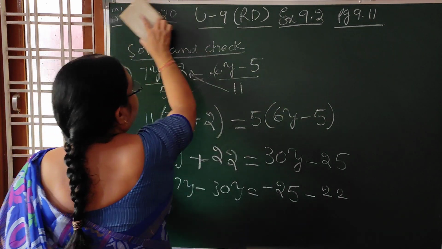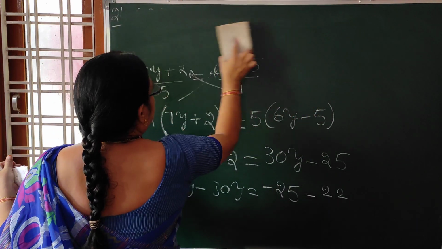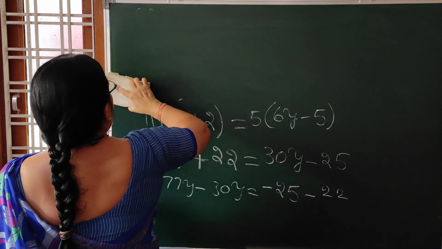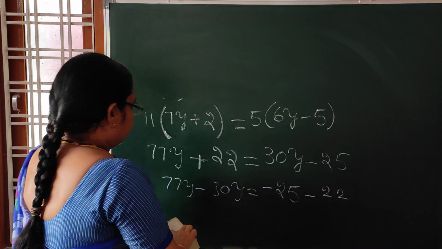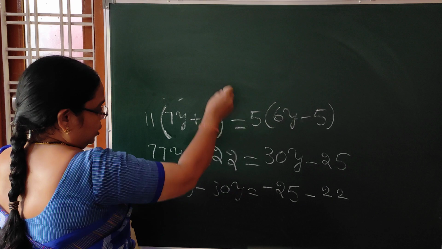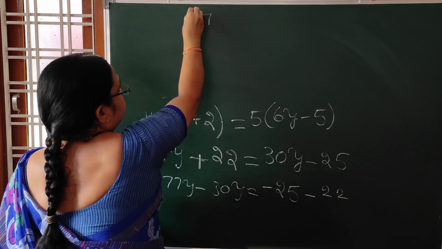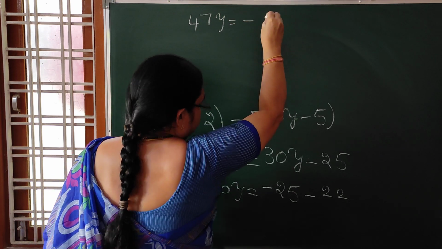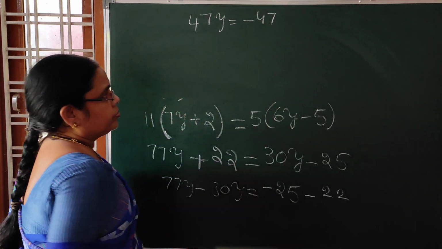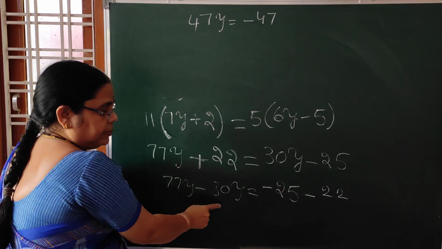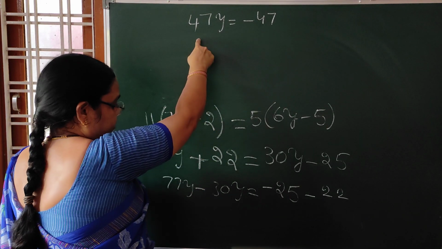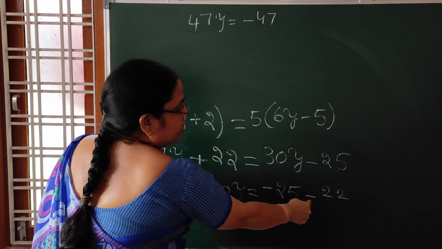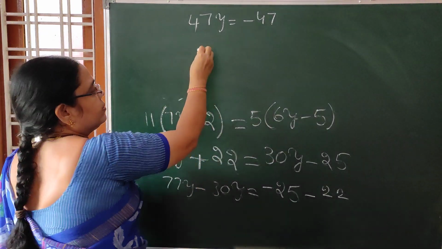So 77y minus 30y is how much? 7 minus 3 is 4. 47y is equal to minus 47. 77y minus 30y is 47y. Minus 25 minus 22 is minus 47.